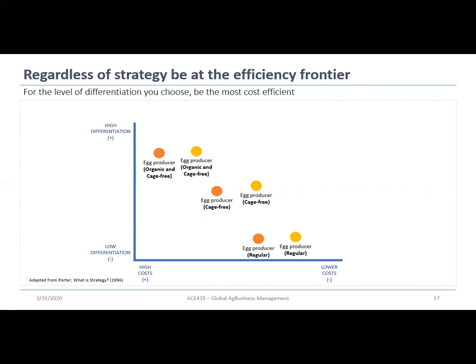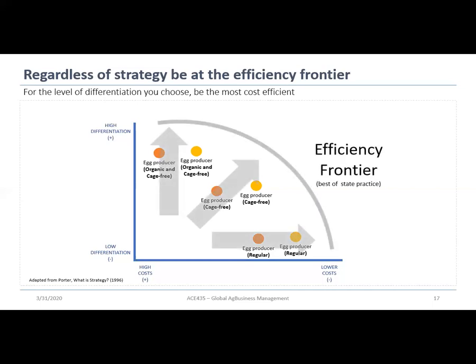So when you think about the generic strategy that a firm or a farmer is pursuing, either a low cost strategy producing commodities, or differentiating its products to create and add more value, or somewhere in between, be always aware that you are going to need to be on what's called the efficiency frontier, or the best state of practice. So for that level of differentiation, you have to be the most cost efficient in the long run.